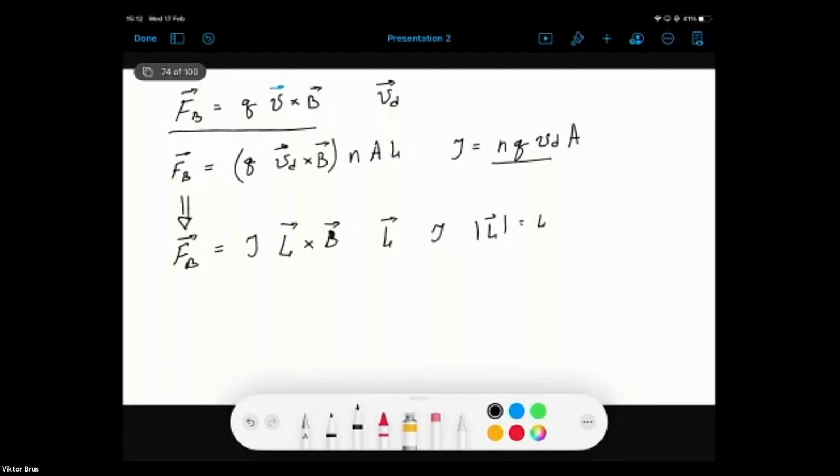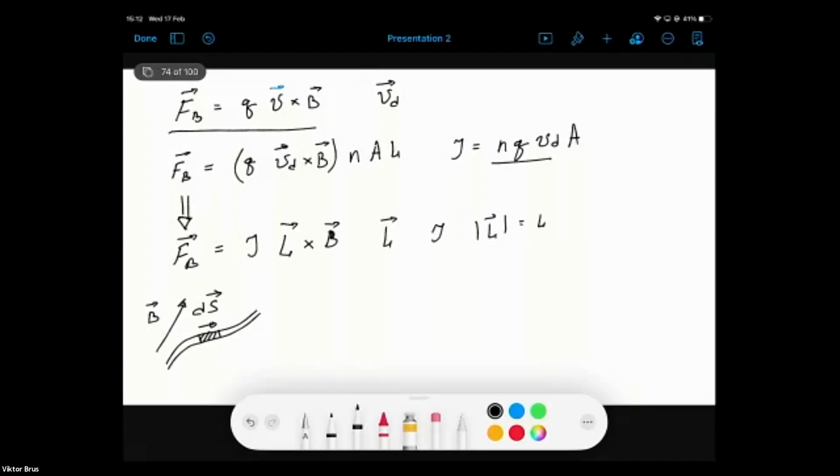So if we have a non-straight conductor in a magnetic field, let's say we have a magnetic field and some random shape conductor with electric current, then it's necessary to consider small segments of this conductor, represented with ds vector.